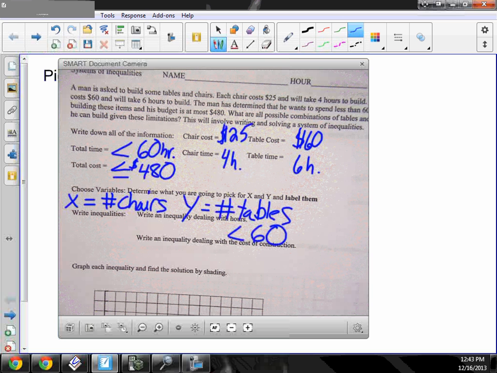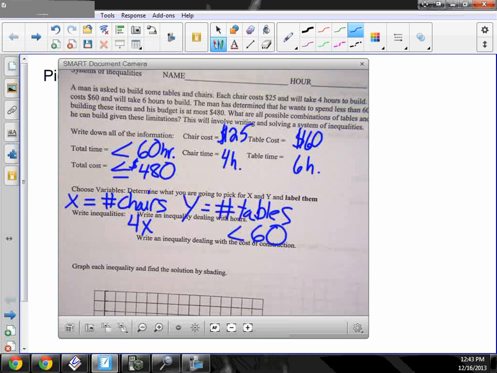It could be 0, it could be 1, it could be 2, it could be 3, we don't know. So how do we calculate the total number of hours spent working on chairs? Well, we defined X as being the number of chairs. We don't know what X is yet, so it's just going to be 4 times X. So 4X represents the total amount of time spent building chairs.